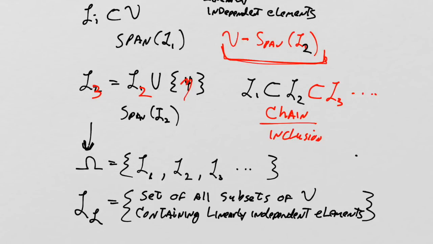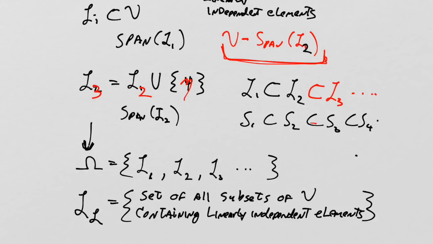And if I had another chain, a totally different chain, maybe I would call it S1, subset of S2, S3, S4, etc. I construct it in exactly the same way. Then each of these is also a set that contains linearly independent elements. And all of those sets are in script L.